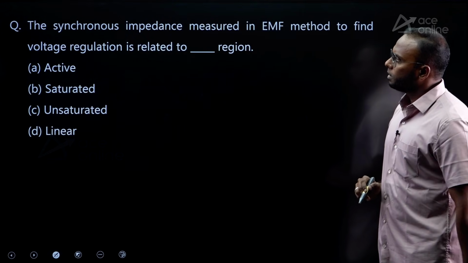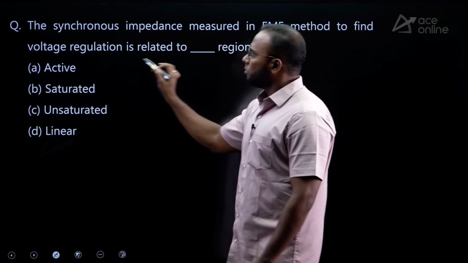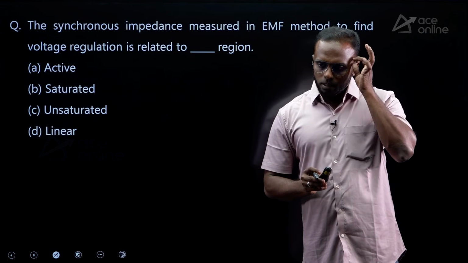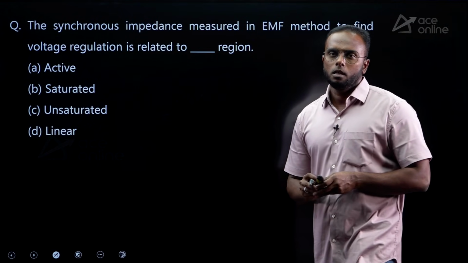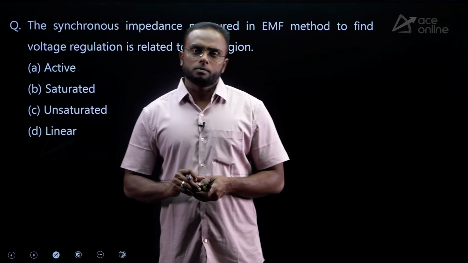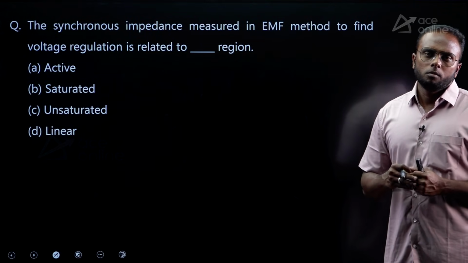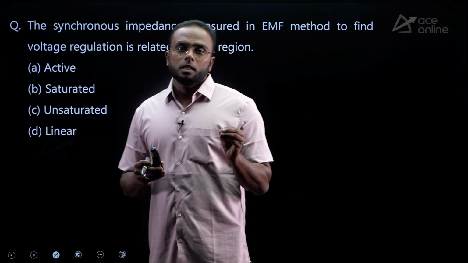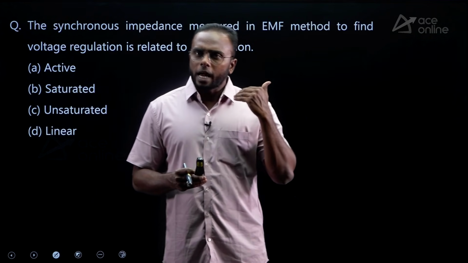Next, the synchronous impedance measured in the EMF method to find voltage regulation is related to dash region. If you remember, one of the methods to find voltage regulation is the synchronous impedance method. In this method we get a regulation greater than the actual regulation, that is why we call it the pessimistic method. Why is it giving more than actual regulation? Because the impedance calculated in this method is related to the unsaturated region. Generally we have to find the actual Zs.